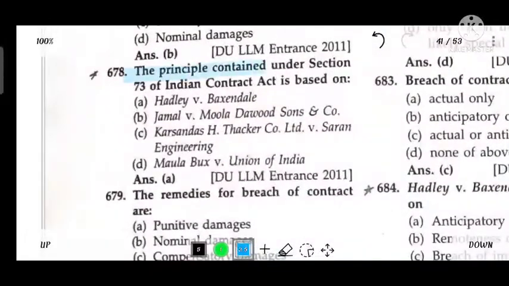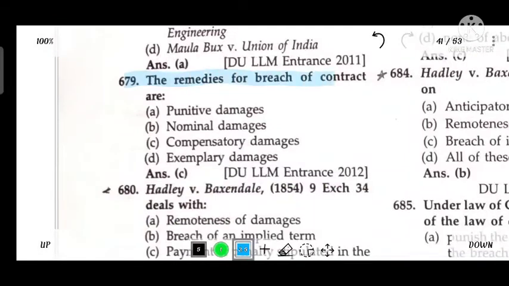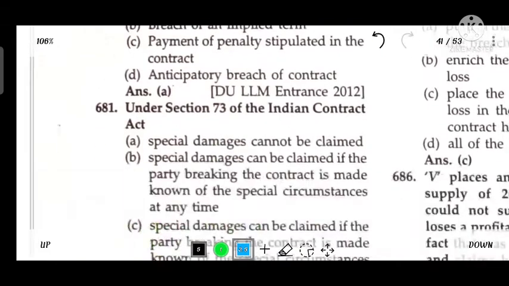The principle contained in Section 73 of the Indian Contract Act is based on Hadley versus Baxendale. The remedy for breach of contract is compensatory damages. Hadley versus Baxendale deals with remoteness of damage.